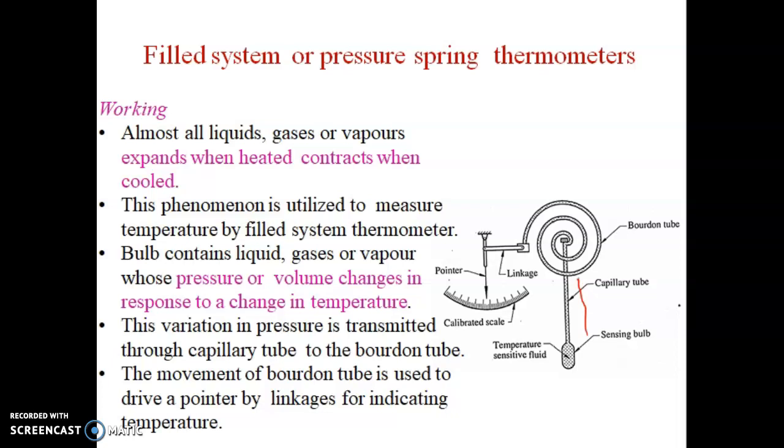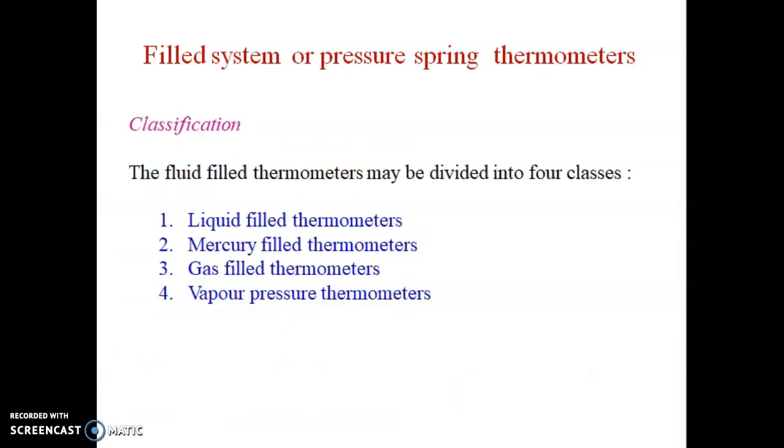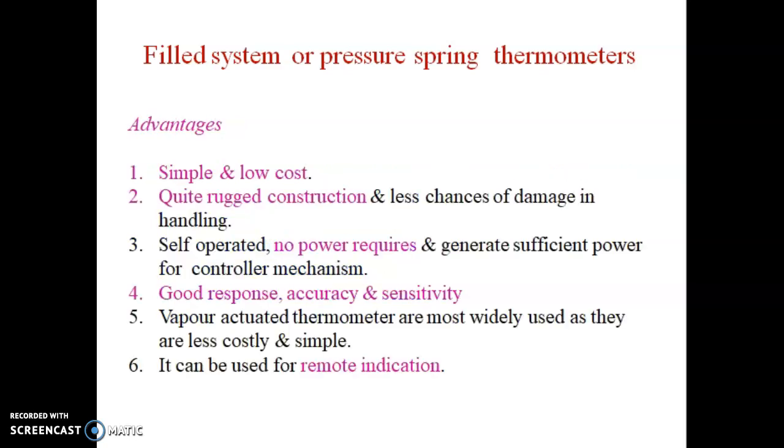The movement of Bourdon tube is used to drive a pointer indicating the temperature. The pressure thermometers are classified based on the fluid filled in the bulb. So these are liquid filled thermometers, mercury filled thermometers, gas filled thermometers, or vapor pressure thermometers.